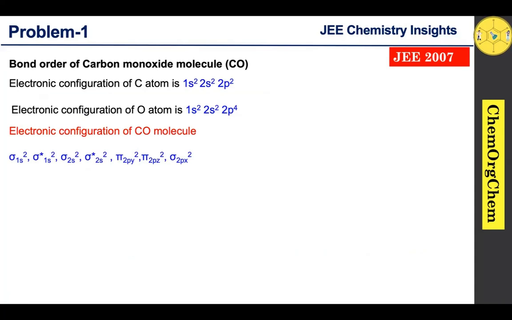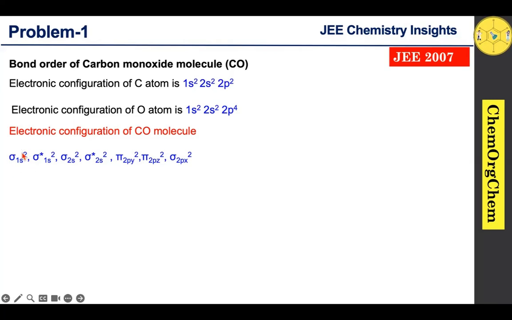According to molecular orbital theory, the atomic orbitals of carbon and of oxygen combine to form molecular orbitals. In those molecular orbitals, electrons are placed in the appropriate levels, which we already know. Based on that, we can write the electronic configuration of the carbon monoxide molecule.